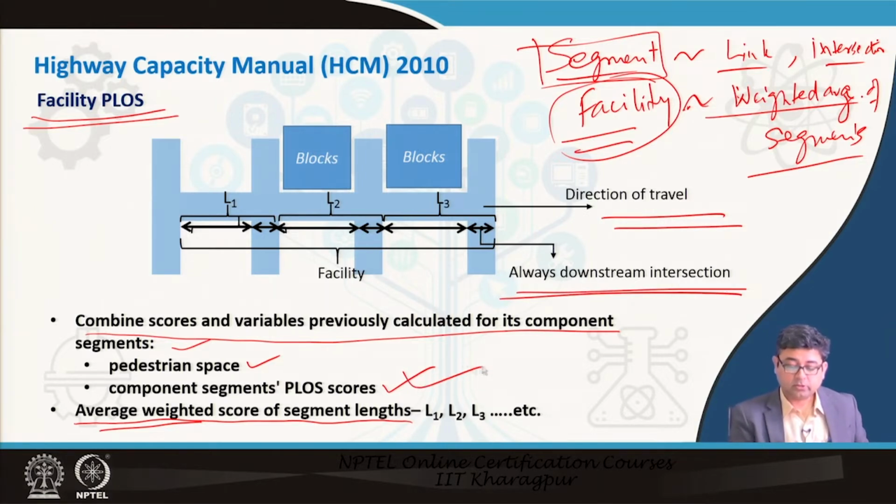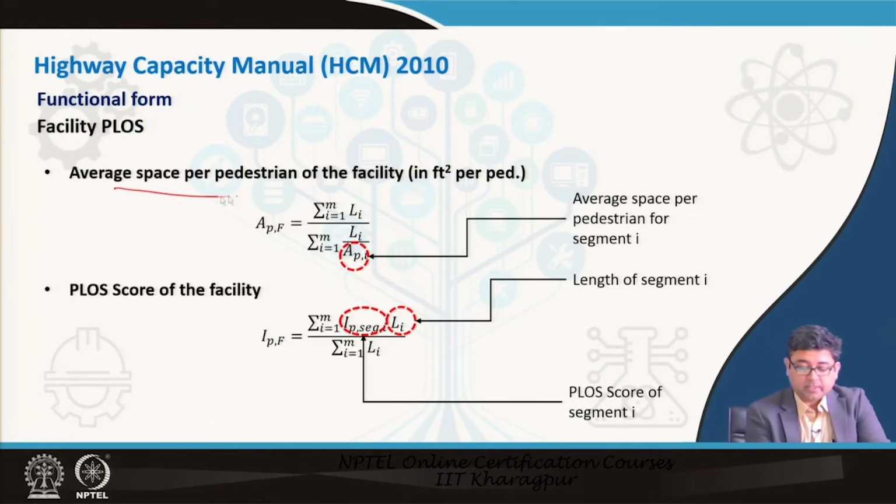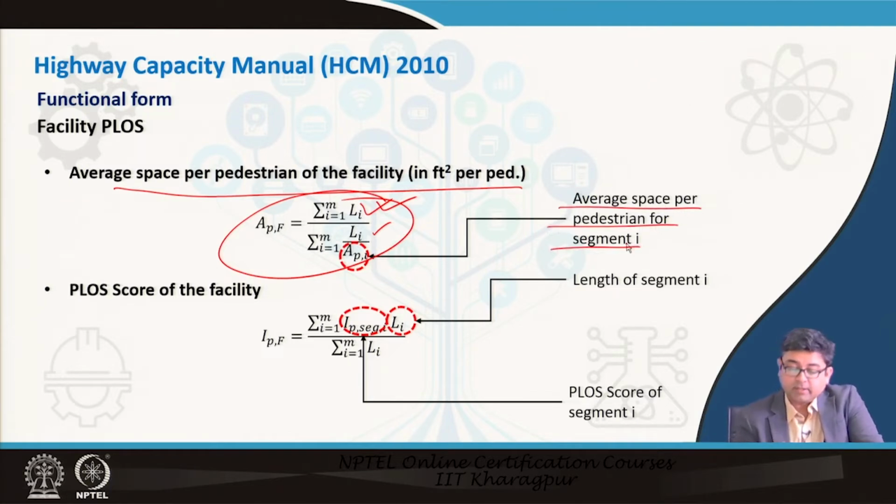So, once you know the score and you know the pedestrian space available for the entire facility, then you will be able to determine the pedestrian level of service offered by the facility. So, the average space per pedestrian for the entire facility will be given by the summation of all the lengths of the segments divided by the summation of length divided by average space per pedestrian for each segment, right.